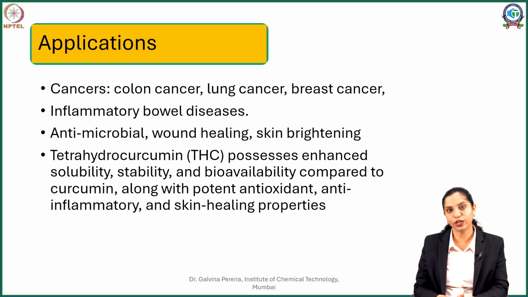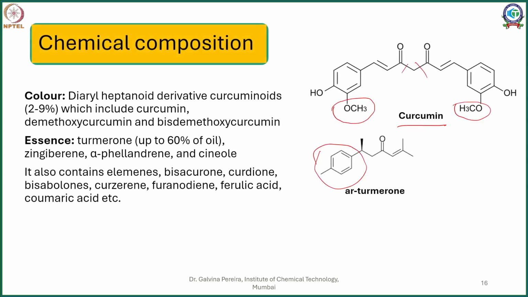Now one derivative of curcumin is also called tetrahydrocurcumin. Now curcumin, when you use it in cosmetics, imparts a little yellow stain. In order to get rid of it, the double bonds of it have been saturated. So imagine if you saturate these bonds, you get what is called tetrahydrocurcumin, and this tetrahydrocurcumin is colorless.